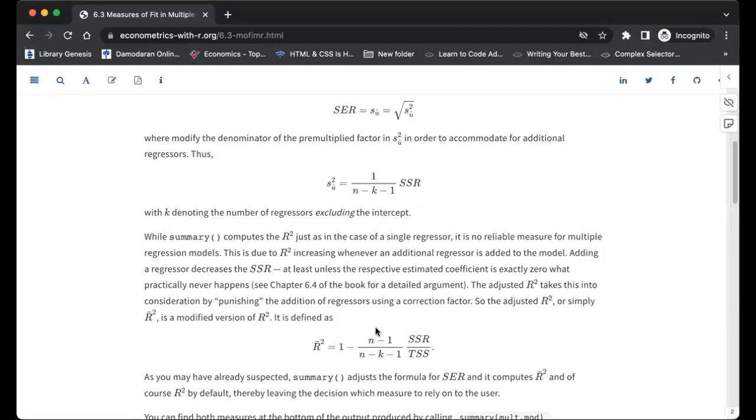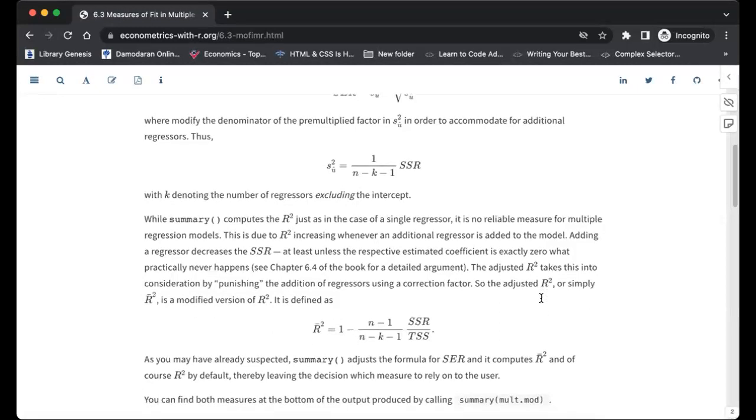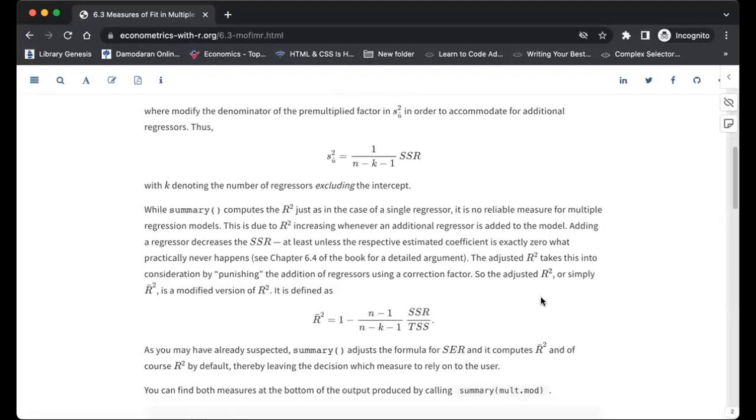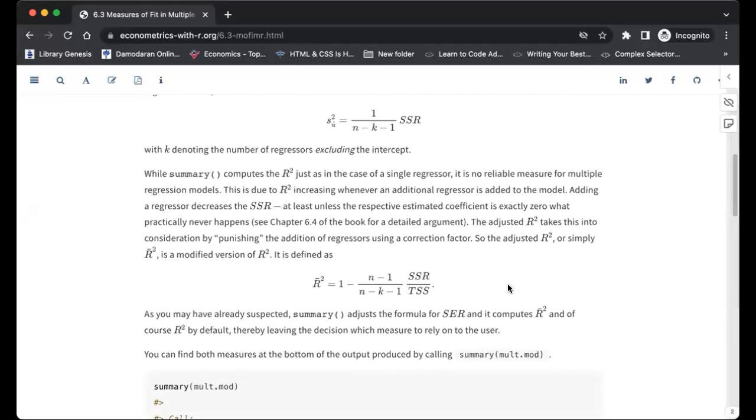Adding a regressor decreases the SSR, at least unless the respective estimated coefficient is equal to 0, which is not the case. So in multiple regressions, we prefer the adjusted R squared, which is more reliable compared to the R squared. But the summary function will give you all of this output.